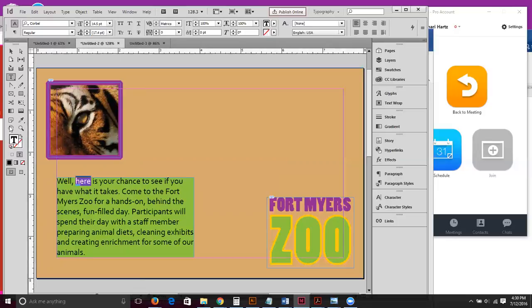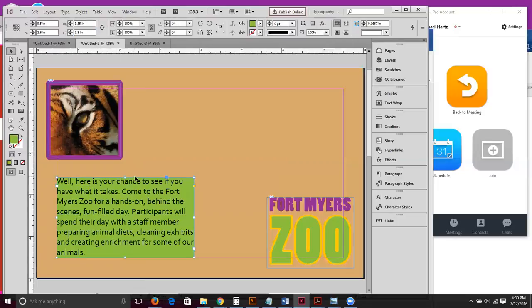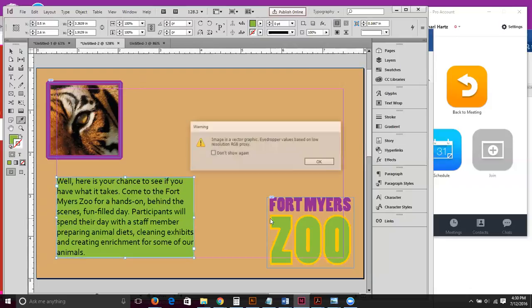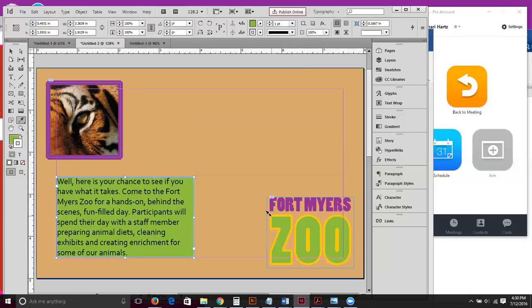Okay, let's put a little stroke on our box here. Let's put the yellow stroke on there. Let me see if I can separate out that yellow color. Nope, it took white instead. Come on, can I have that yellow right there?